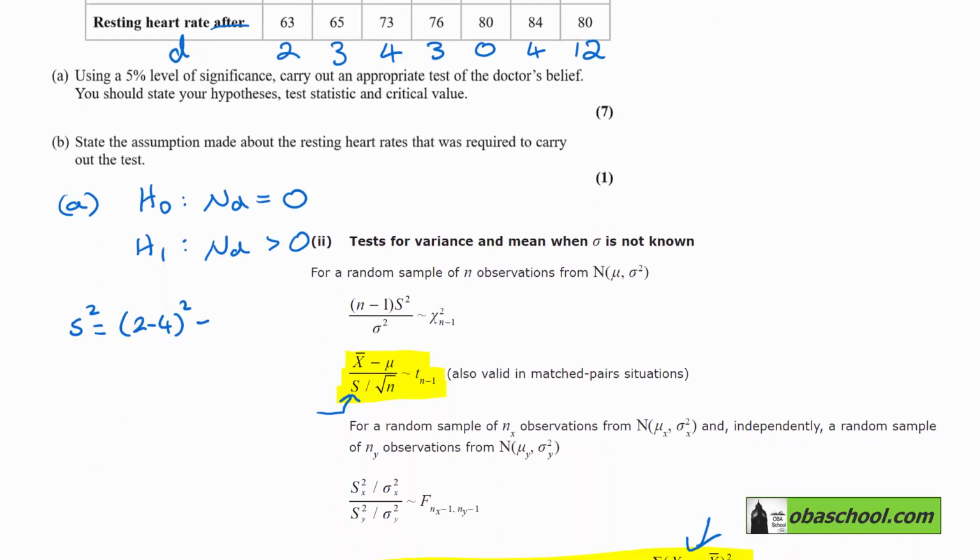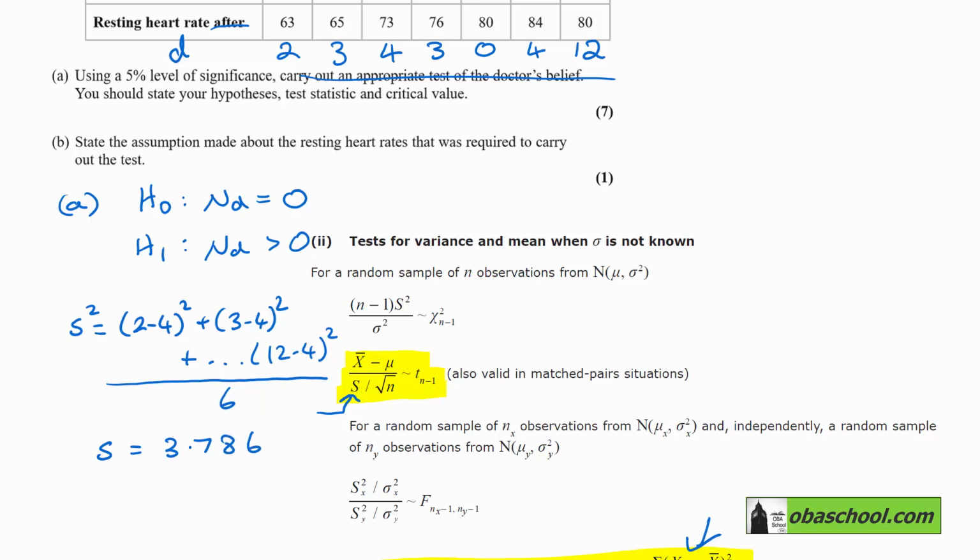So we've got plus 3 take away 4 squared, and so on, working across the table until we get to the last one, which is 12 minus 4 squared. And all of that needs to be over n minus 1. There are 7 readings here, and so that's going to be 6. And if we calculate that, we get that S is 3.786, correct to 3 decimal places.